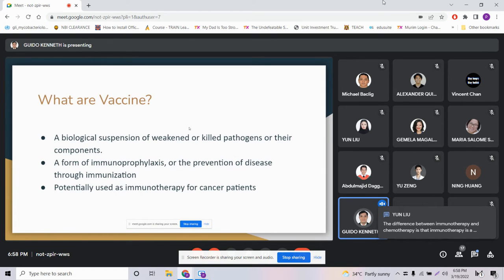These are biological suspensions of weakened or killed pathogens or their components. It is a form of immunoprophylaxis, which means prevention of disease through immunization. Apart from being an immunoprophylactant, vaccines are studied as a potential cure, rather as a form of immunotherapy for cancer patients, which we will note later, what type of vaccine it is.